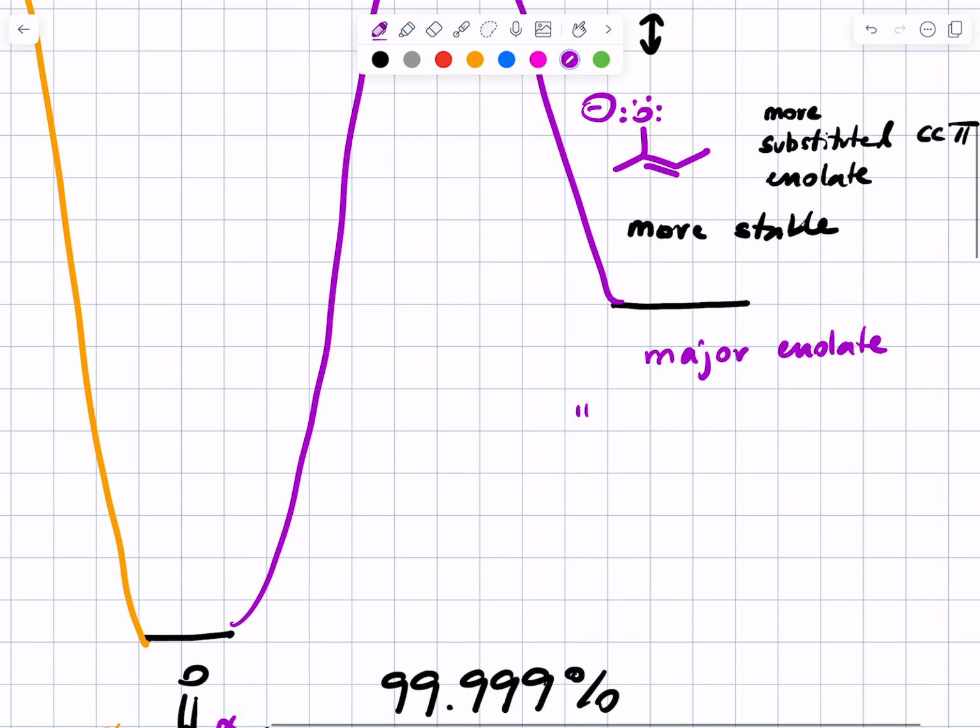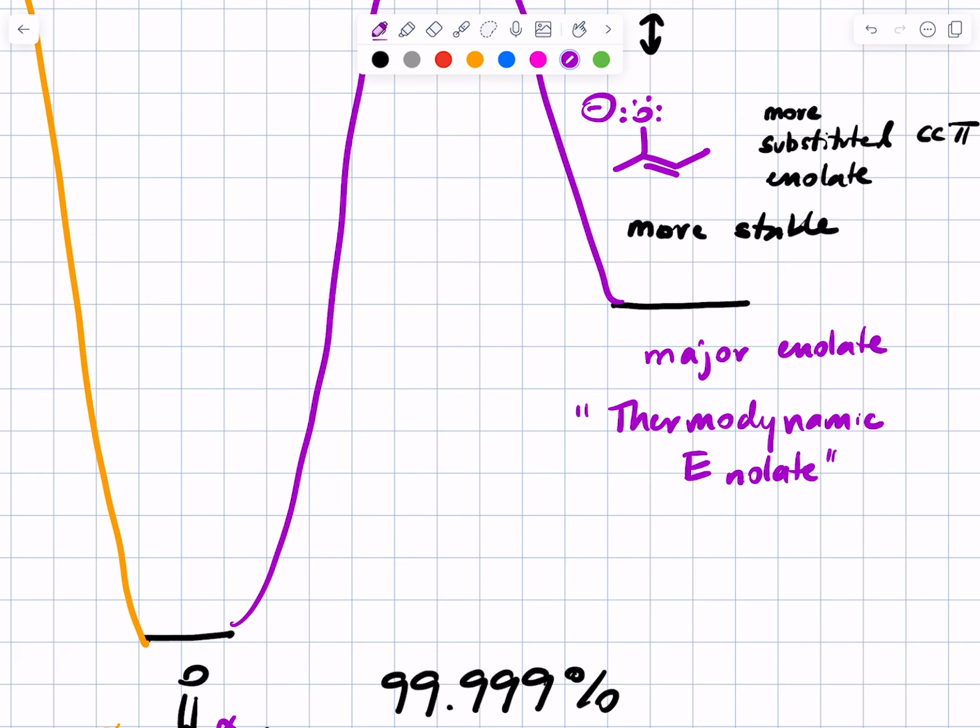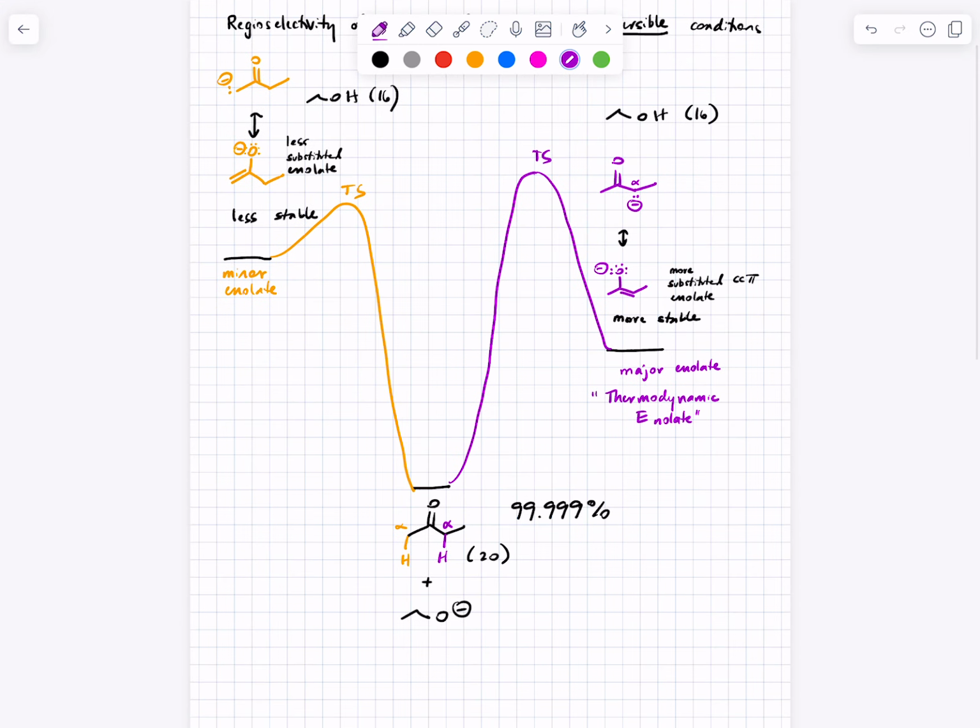Your text will sometimes call that the thermodynamic enolate, and that's just a fancy way of saying the enolate that is more stable.